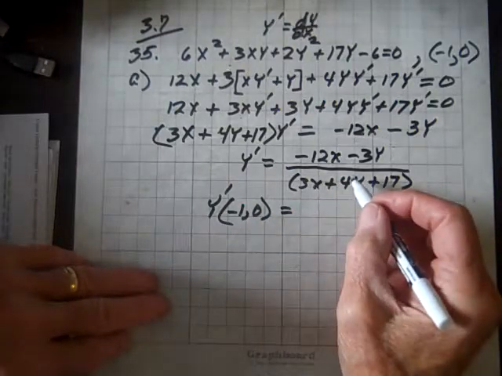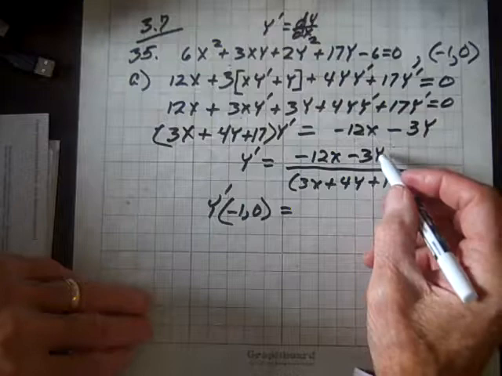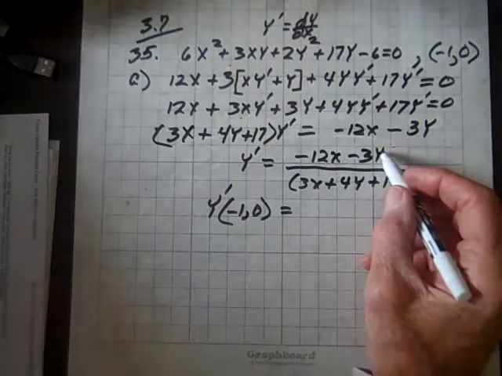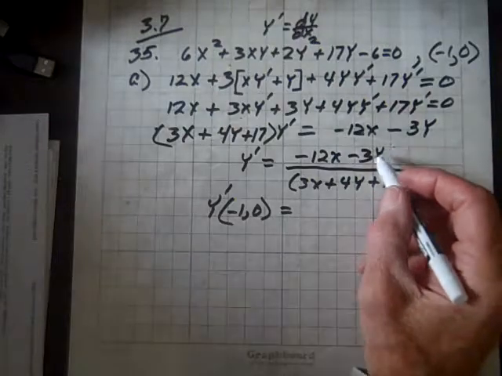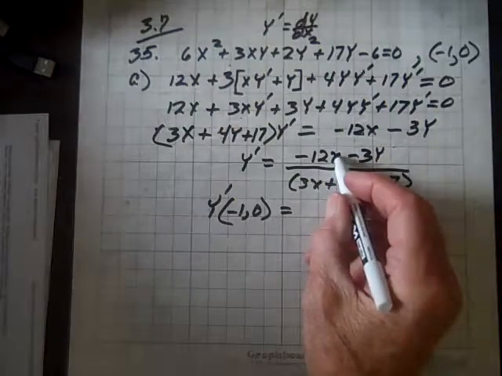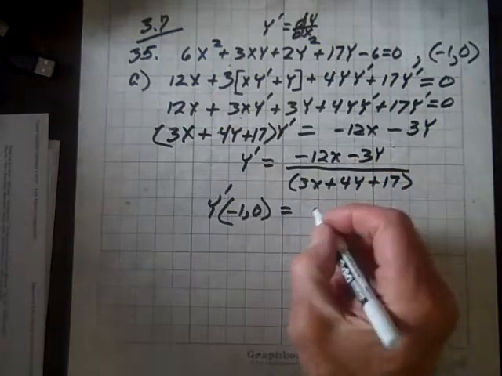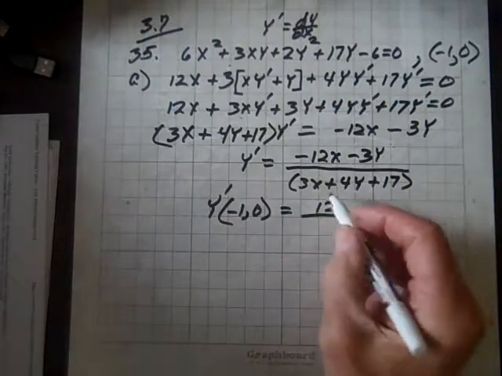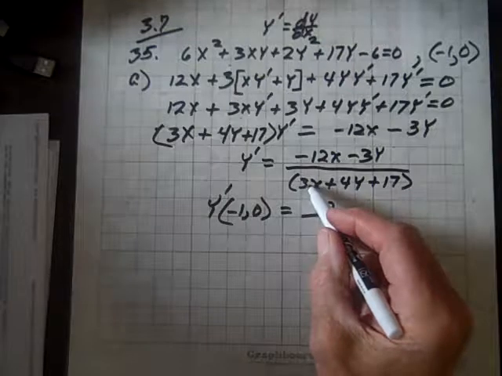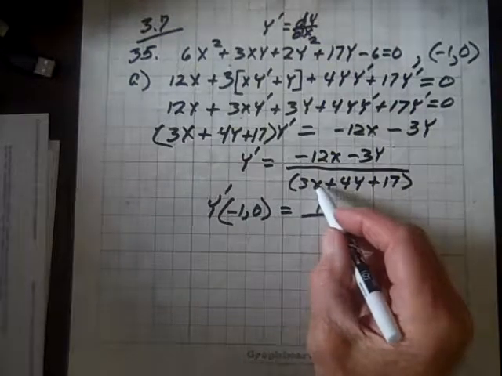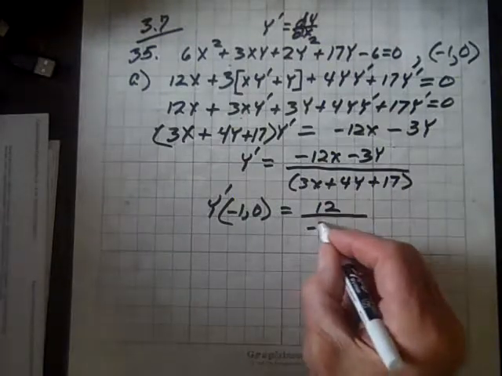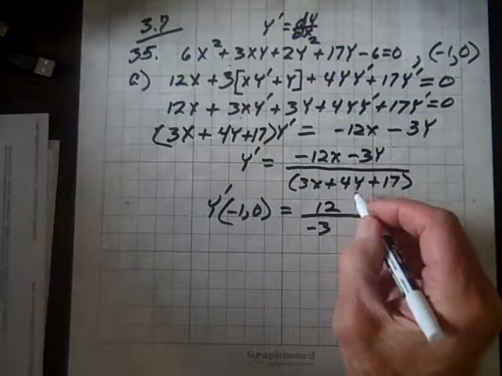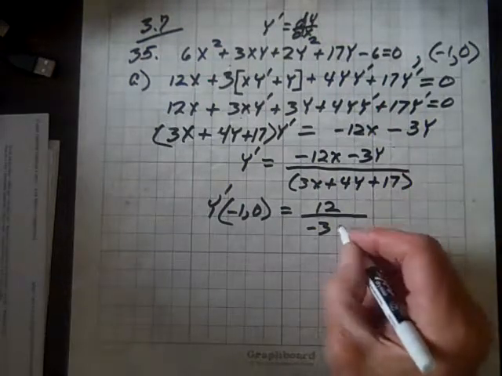So you already know that any term containing a y is going to become 0. So this 3y, that'll be 3 times 0, that's going to disappear. Replacing x here with -1, we have a negative times a negative, which is a positive 12. Replacing x here with -1, we'll get 3 times -1 is -3. 4 times 0 is 0, and plus 17.